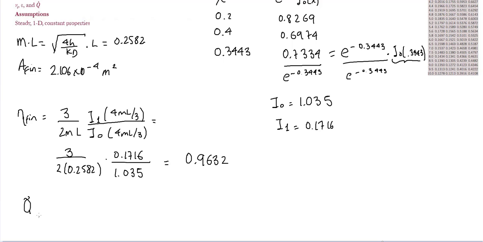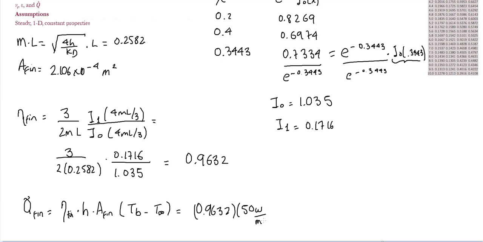The next part of your problem is to find the heat transfer rate of this fin, and that is provided simply by Q of the fin is equal to the efficiency of the fin times h, area of the fin, and the change in the temperature between the base and the ambient. Okay, so we have all the information. This is 0.9632. We have that the value of h given by the problem is 50 watts per meter square Kelvin.